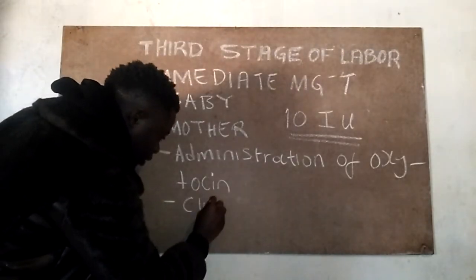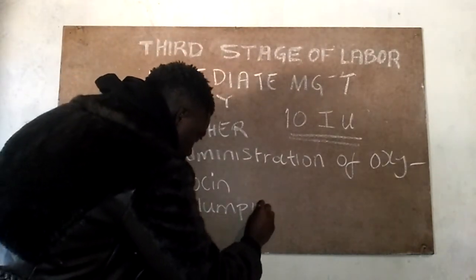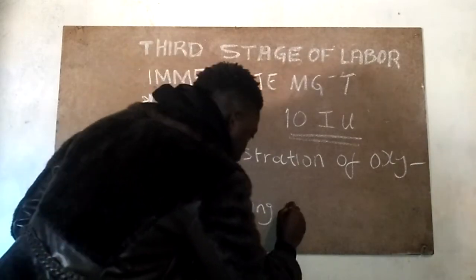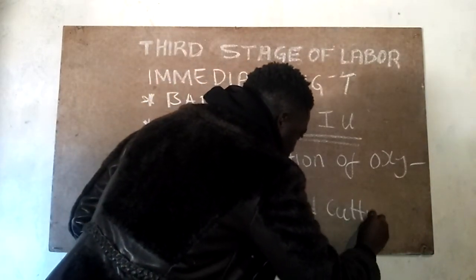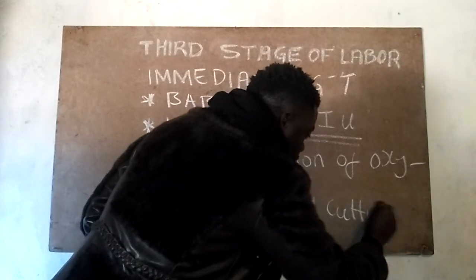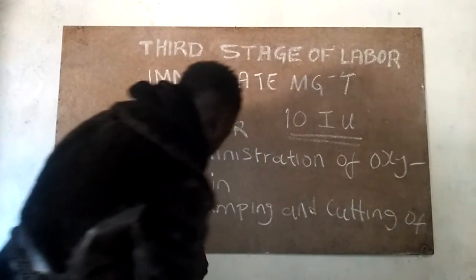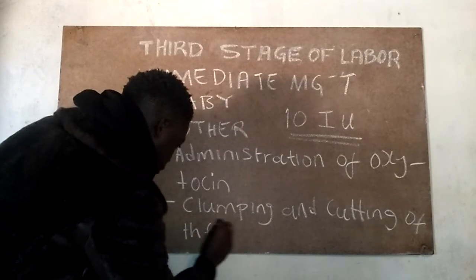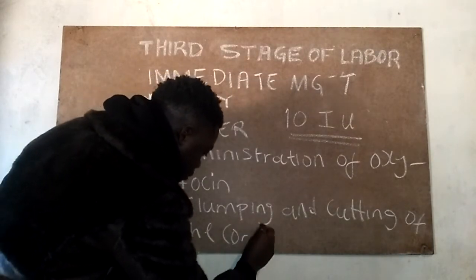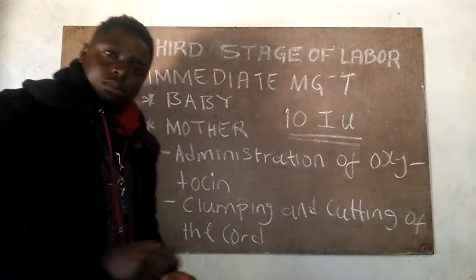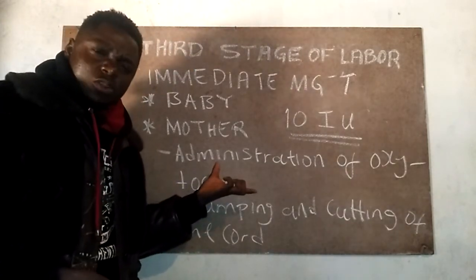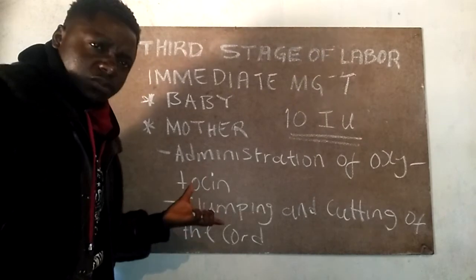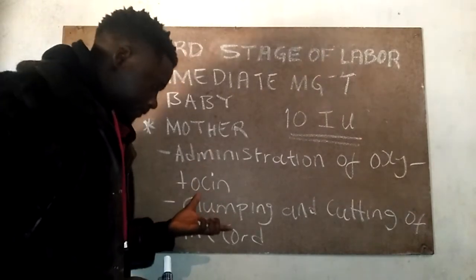Clamping and cutting of the cord. Now, after you administer oxytocin, you wait for contractions.